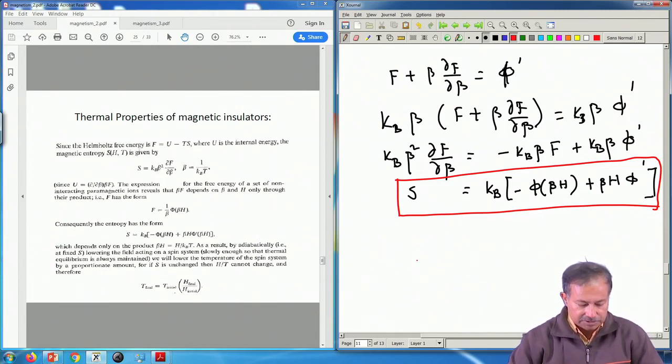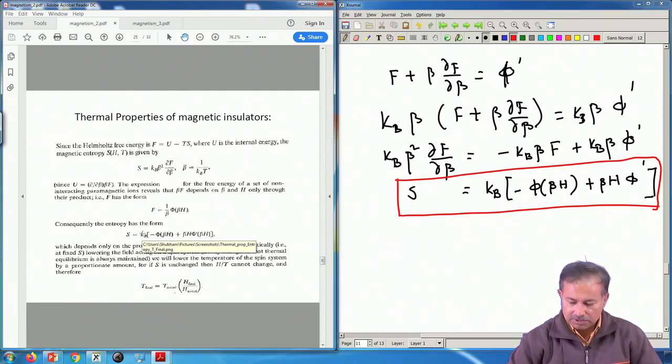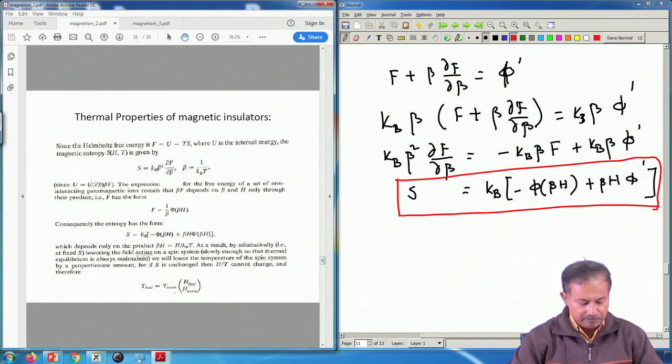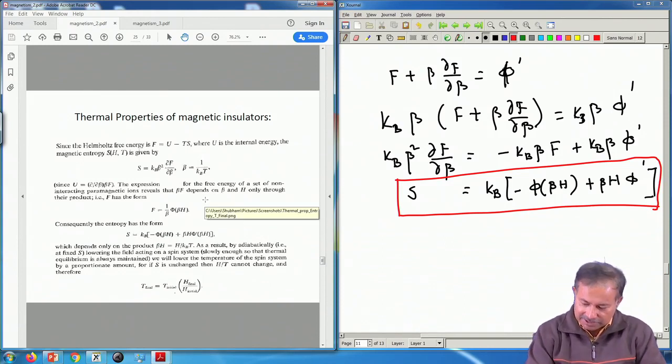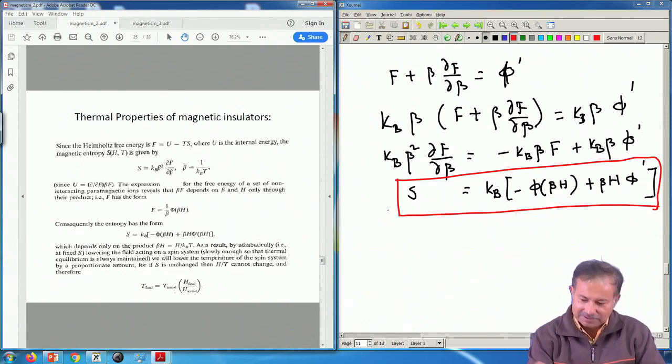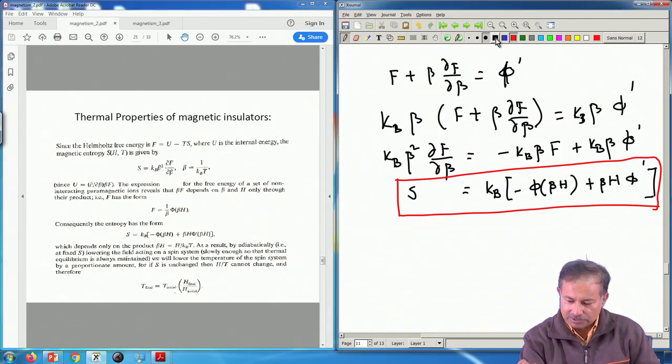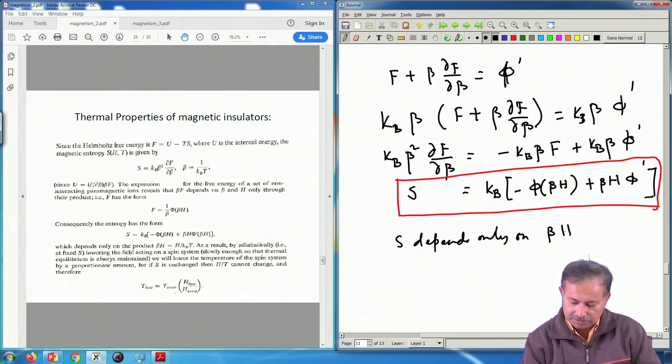So, that is the expression. Entropy has this formula: k b into minus phi of beta h plus beta h phi prime. Again the same statement: S depends only on beta h, which is h by t.